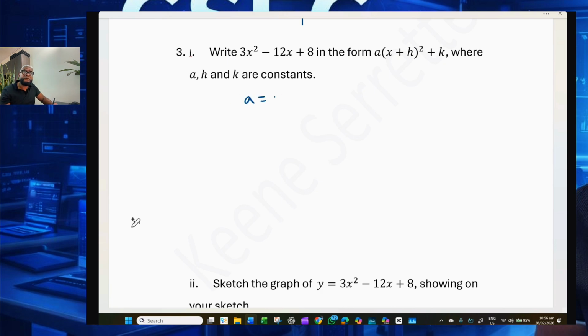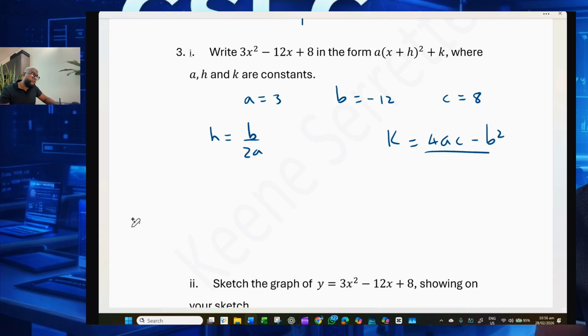But let's write what a, b, and c are first. A would be equal to 3, b would be equal to -12, c would be equal to 8. Let's work. So therefore, we have h. H is equal to b over 2a. K is equal to 4ac minus b squared, all over 4a.